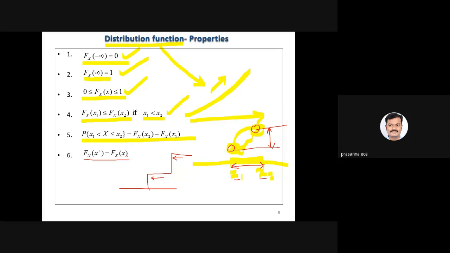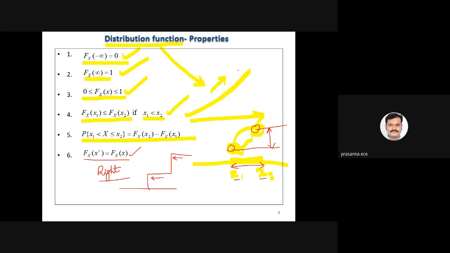We will see this property in more detail when we do some problems. For now, we can understand that any distribution function is continuous from the right side. So it is called right continuity. We will be doing problems based on these properties, assessing whether a particular function can qualify as a distribution function or not.